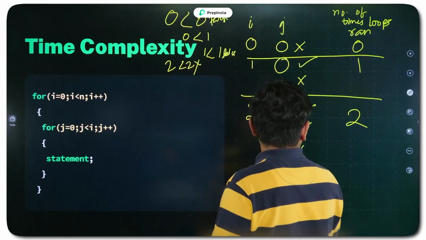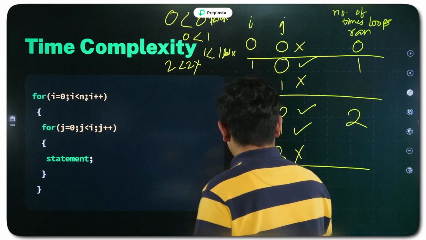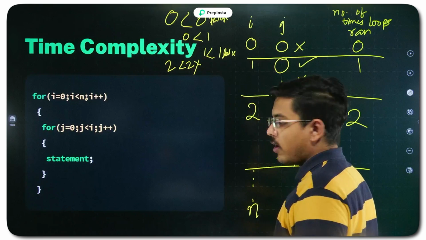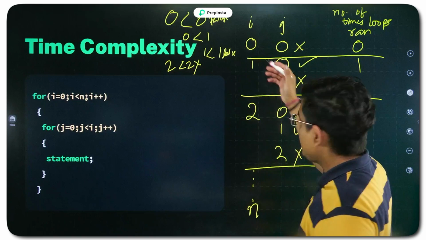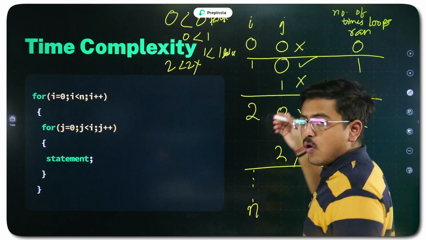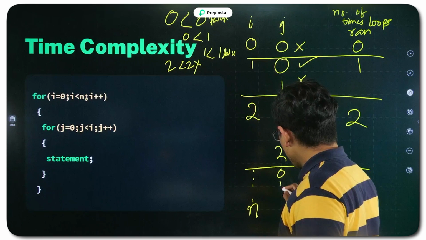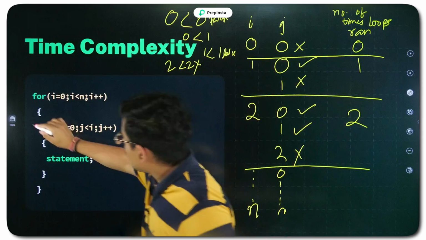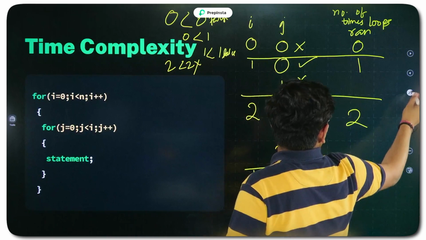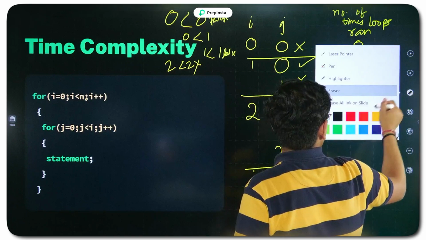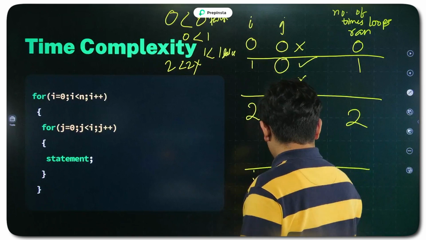Okay. Now we keep on going down like this, and if we follow the same pattern for n value, when I becomes n, j will actually go from 0 to n. This value of j would grow from 0 to n, right?